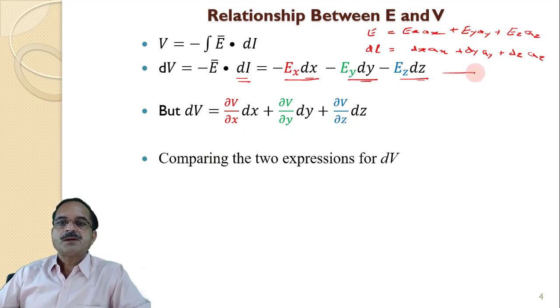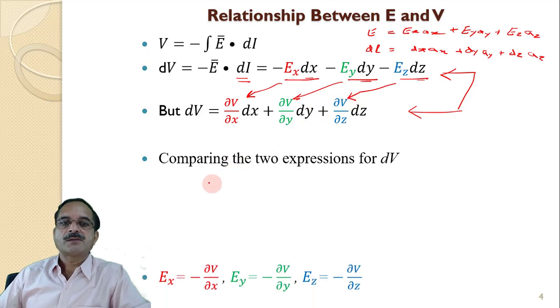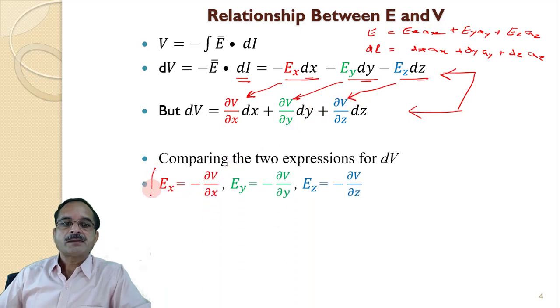Comparing these two equations, I can write Ex equal to this, Ey equal to this, and Ez equal to this. So Ex equal to minus dV by dx, Ey equal to minus dV by dy, and Ez equal to minus dV by dz.